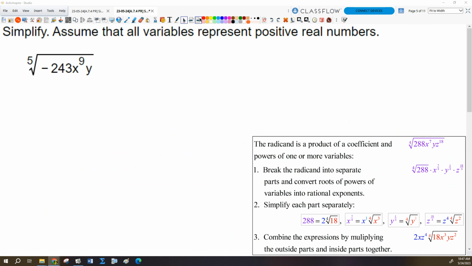It's -2, right? The odd root of a negative number is always going to be negative. So if you have an odd root of a negative, one thing you can do to make it easier is pull that negative outside. Even if nothing else goes outside, at least the negative could be outside, right? Okay, go.